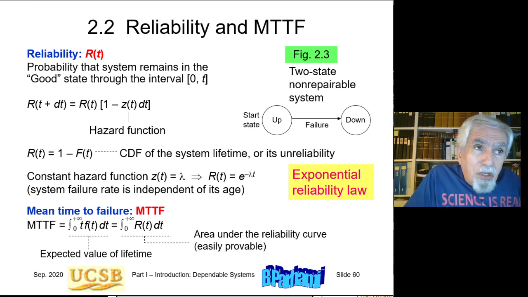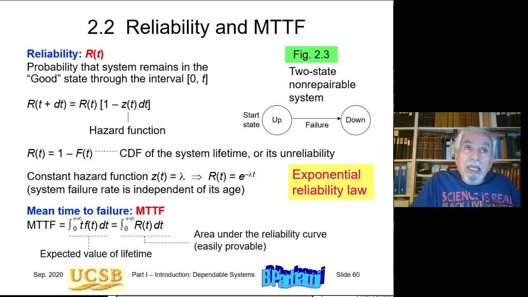Okay, so let's start looking at all these different measures of dependability. The best known and perhaps the most important measure is reliability. Reliability is the probability that the system remains in operational state through some interval 0 to t, and it's applied to systems that have 2 states, up and down.